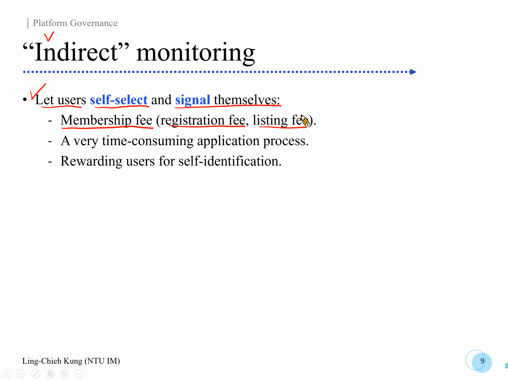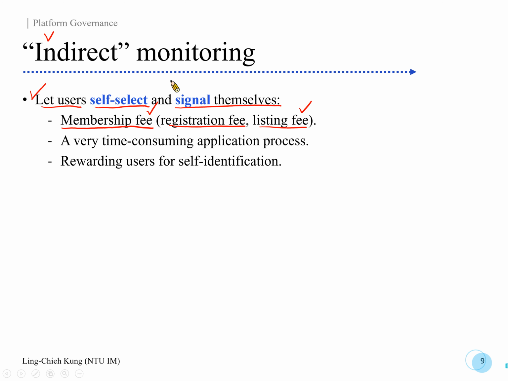If you impose a listing fee on a C2C marketplace, or a membership fee for any kind of club, basically what you are doing is trying to screen out those who are not serious. On a C2C marketplace, you don't want someone to upload or sell trash on your website. If you are running a club, you don't want those who are not willing to use your platform seriously to enter.